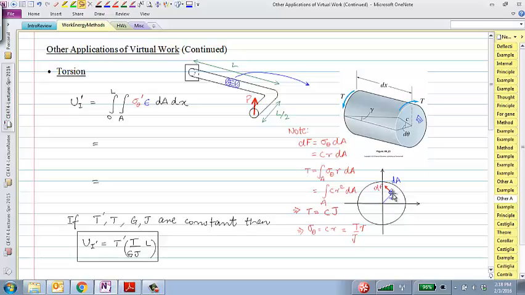If I take the moment of that small incremental force, that would be r times dF. So that's sigma theta dA times r, and integrate that over the cross-sectional area.